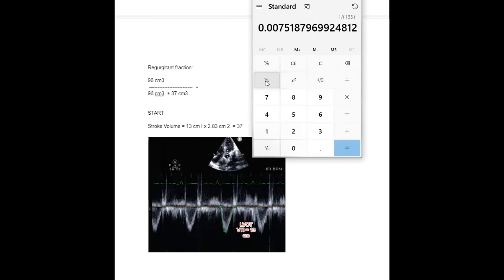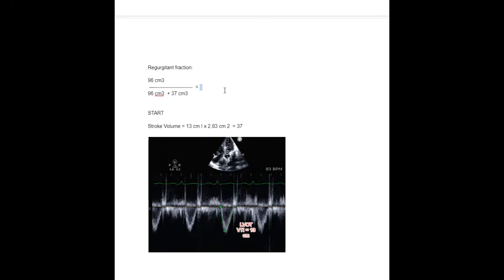And then let's multiply that by 96. Oops, I think I did that wrong. Let me do that again. 96 plus 37 equals, okay, I guess I was right. Multiply by 96. Then that gives us 0.72, or 72% regurgitant.